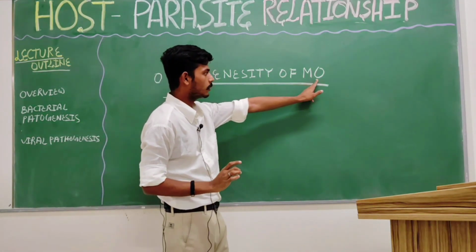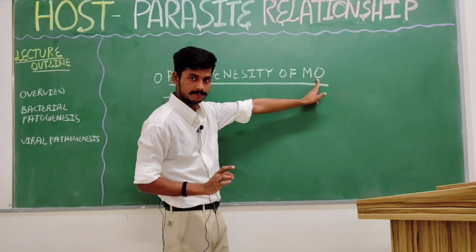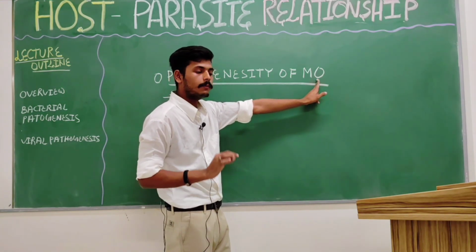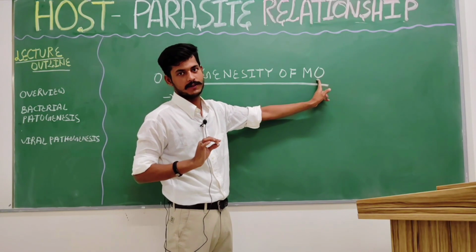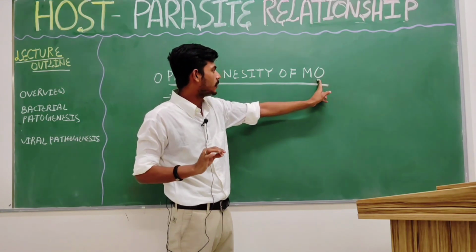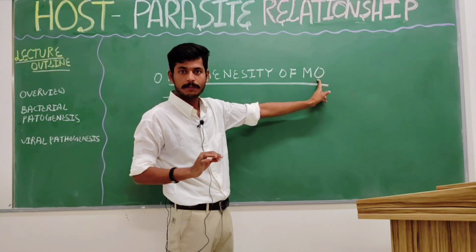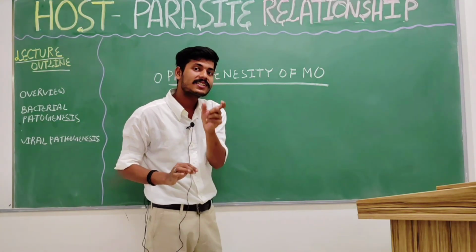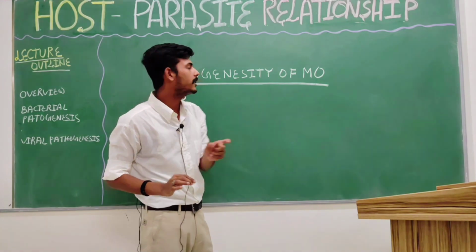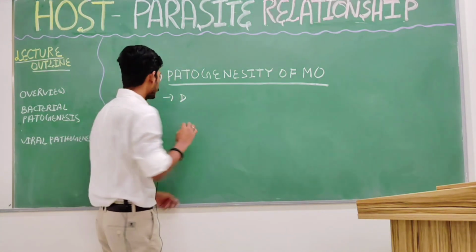We've seen that not all microorganisms are harmful, some are beneficial. Most microorganisms are beneficial, and a certain category of microorganisms are harmful for us, they have the disease causing capability. So this disease causing capacity or capability is called pathogenicity.